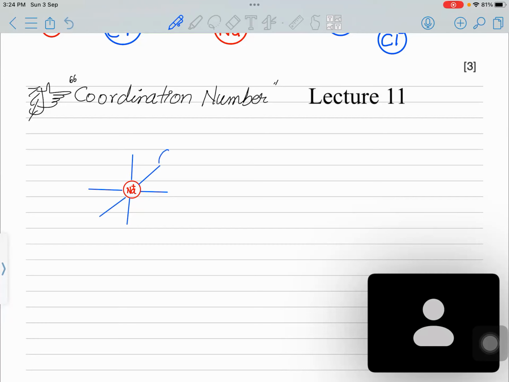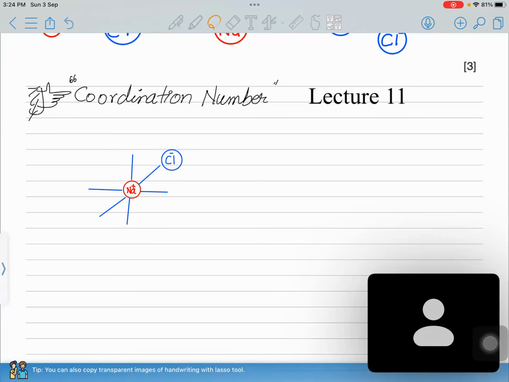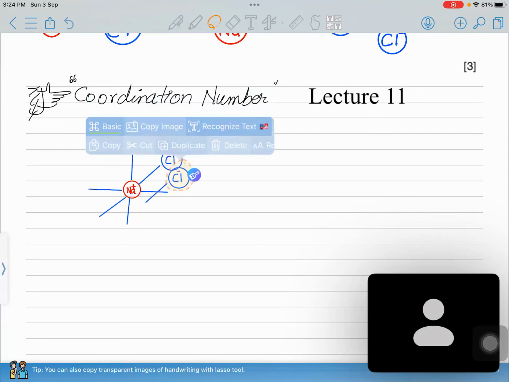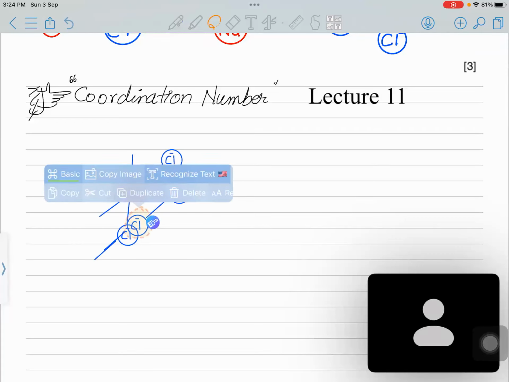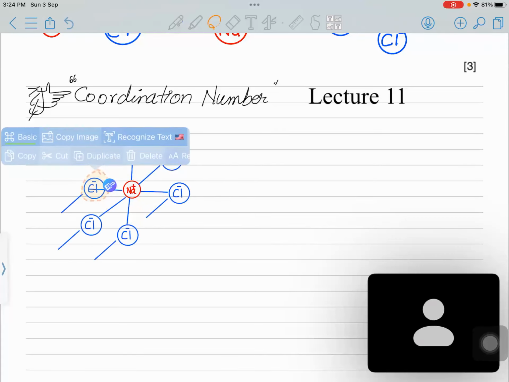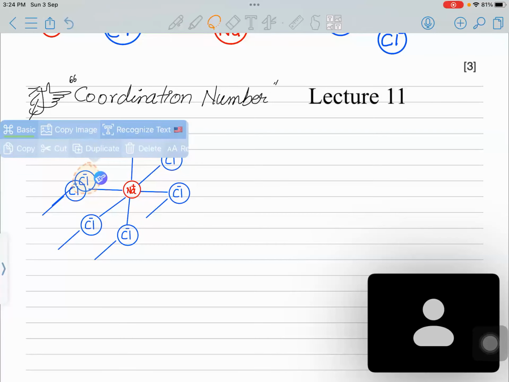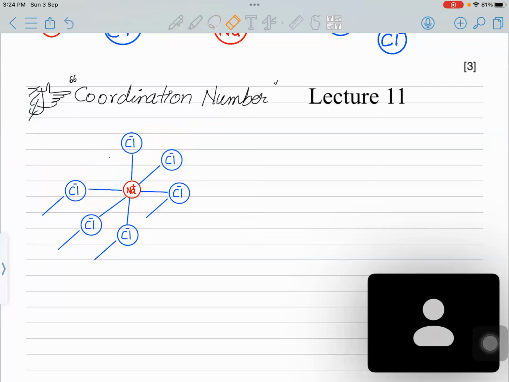So it forms 6 bonds with Cl minus. So coordination number is the number of chlorine atoms around the sodium. Coordination number is the number of chlorine atoms surrounding the sodium ion. This is called coordination number.